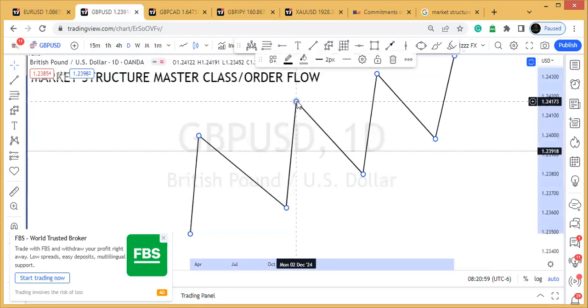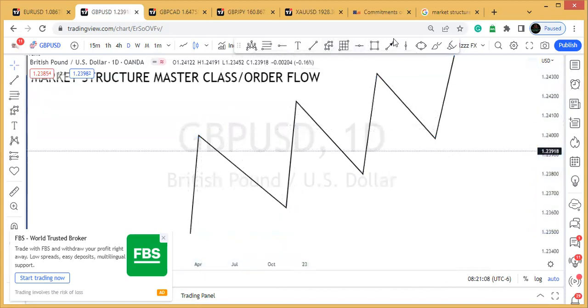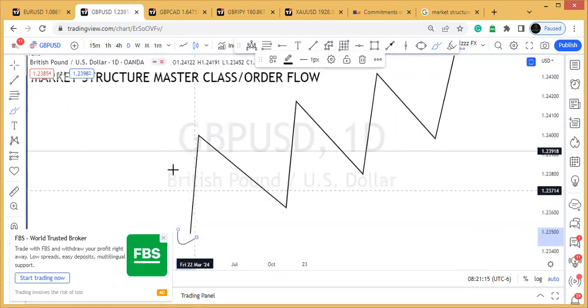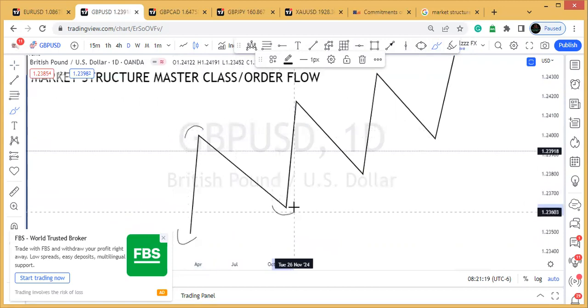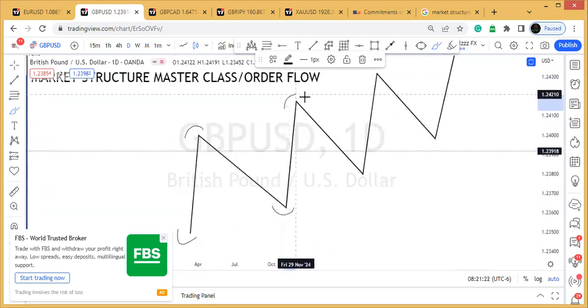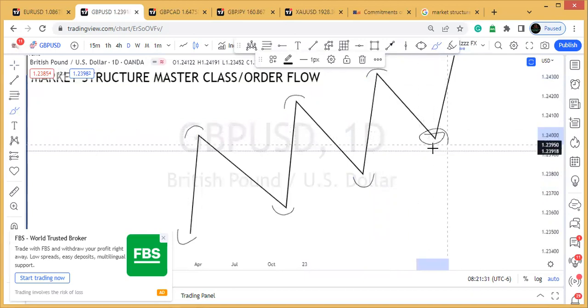When you're talking about order flow or external market structure, we are talking about the external swing of the market. And when you are talking about the external swing, these are the external swing points in the market.